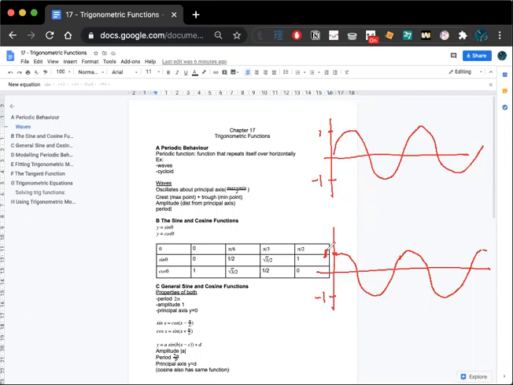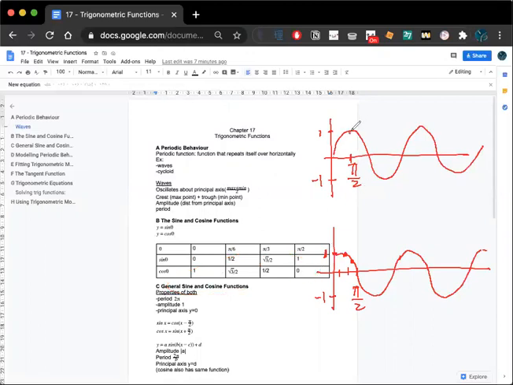Basically, when sin theta is at a certain point, there are some ratios that you can get from the values of the graph, and the same goes for cos.